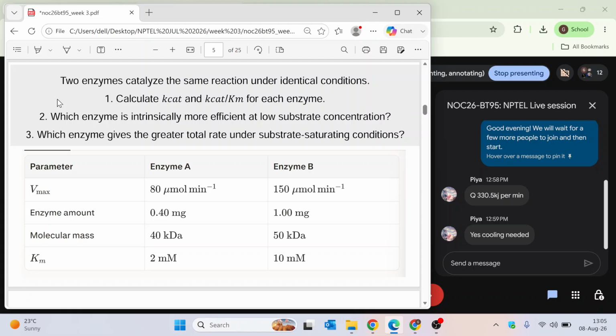So this is the basics of enzyme catalysis, and I hope you know what is turnover number, enzyme activity, and enzyme unit. These three are very basic terms that you should know. Then you have your catalytic efficiency as well.